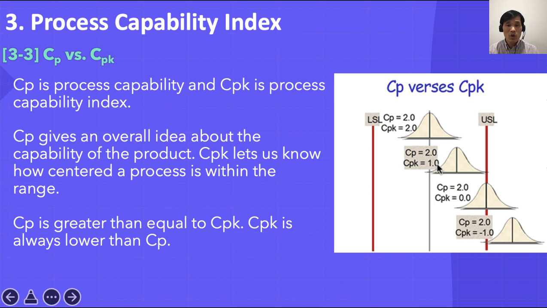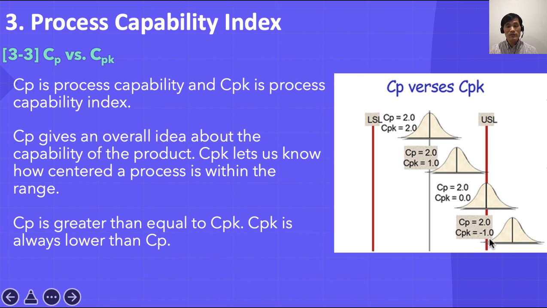Cp is 2.0 and Cpk is 1.0. Then Cpk is centered, however, it's to the right. That's what we see here. And Cp is 2 and Cpk is 0. Then the center line is on the upper control limit. And Cp equals 2.0, so the variance is quite small.